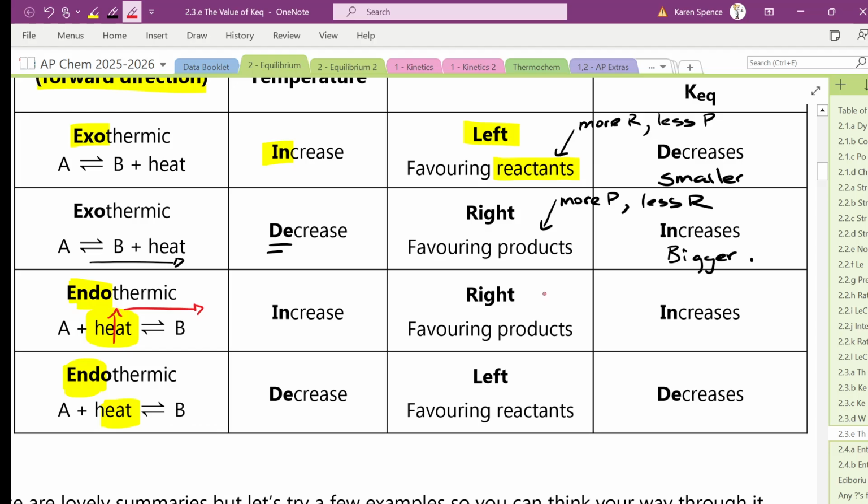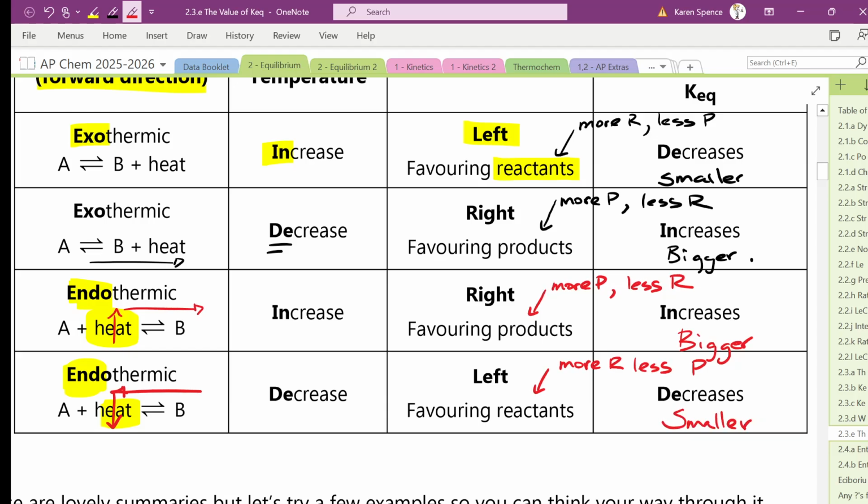That means we will have more product, less reactant, which means KEQ is going to get bigger. And if the forward reaction is endothermic and we decrease the temperature, it is going to shift to the left, which means we have more reactant, less product, and so KEQ will get smaller.